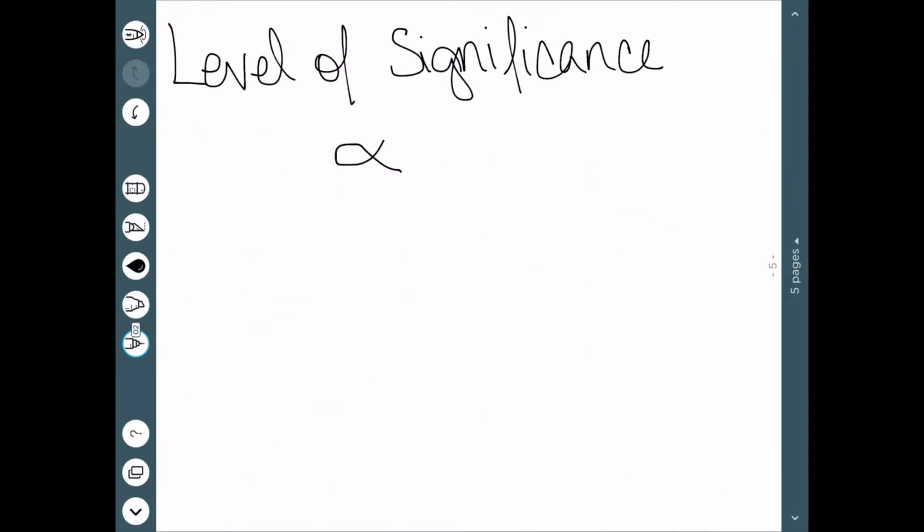Our critical values come from something called the level of significance, which we denote by alpha. And this is given to us in any particular problem. It's how accurate do we want to be? In particular, what's our percentage of time that we say that our null hypothesis is false when it's actually true?